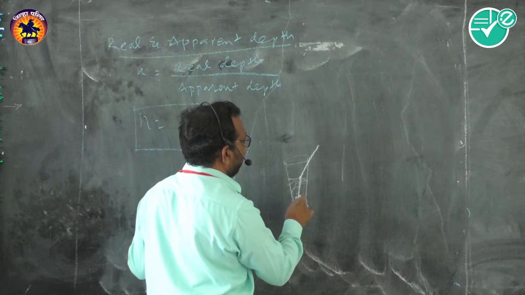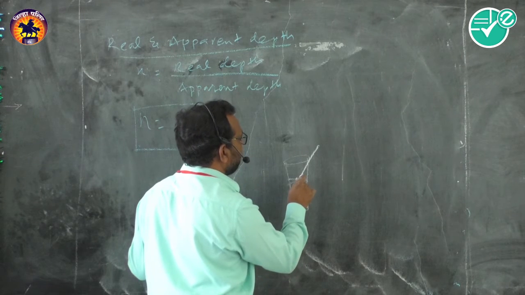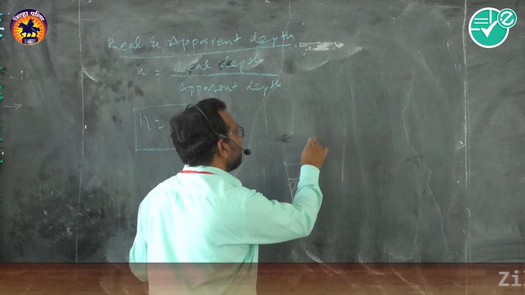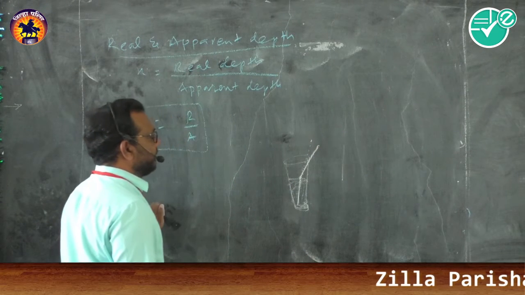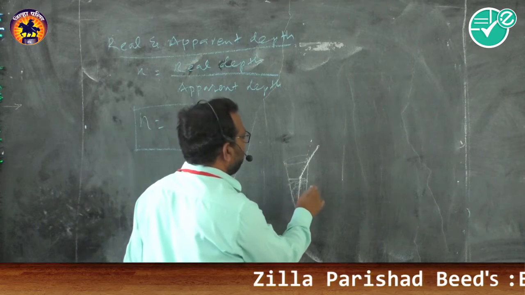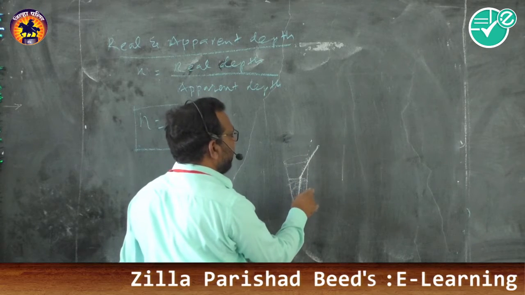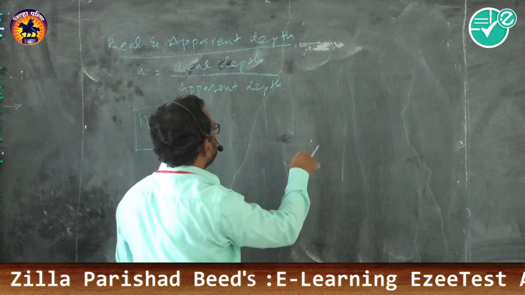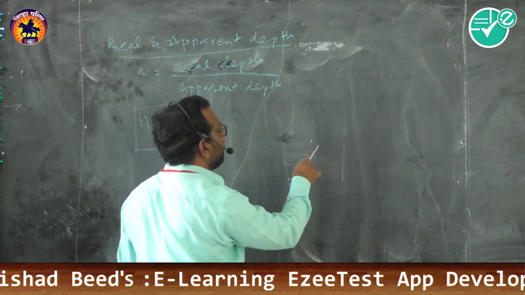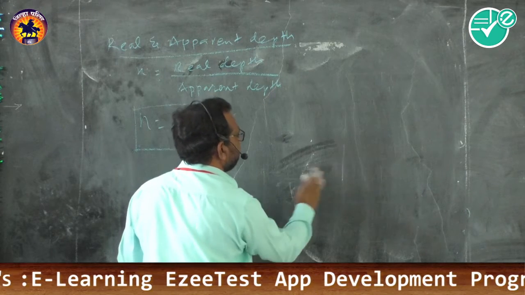The pencil's light is diverging from its original direction. So where it really is, and where we feel its position to be, is called the apparent position.